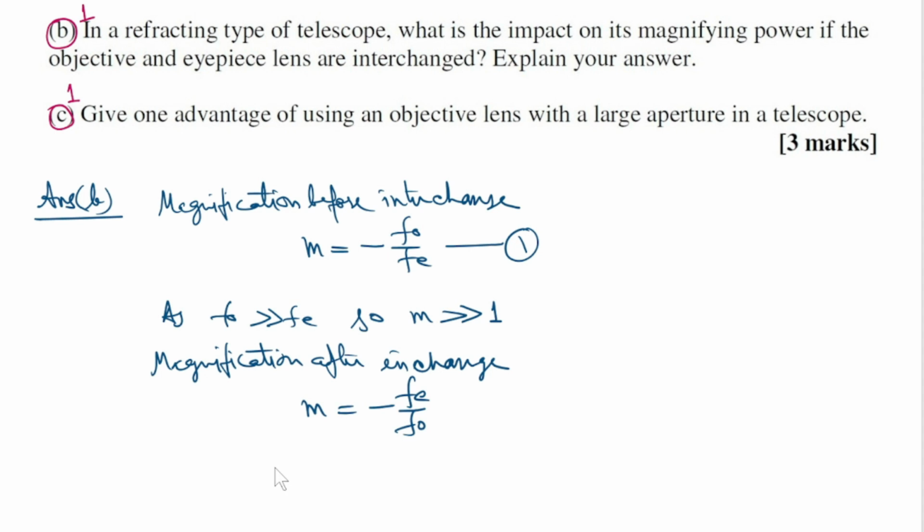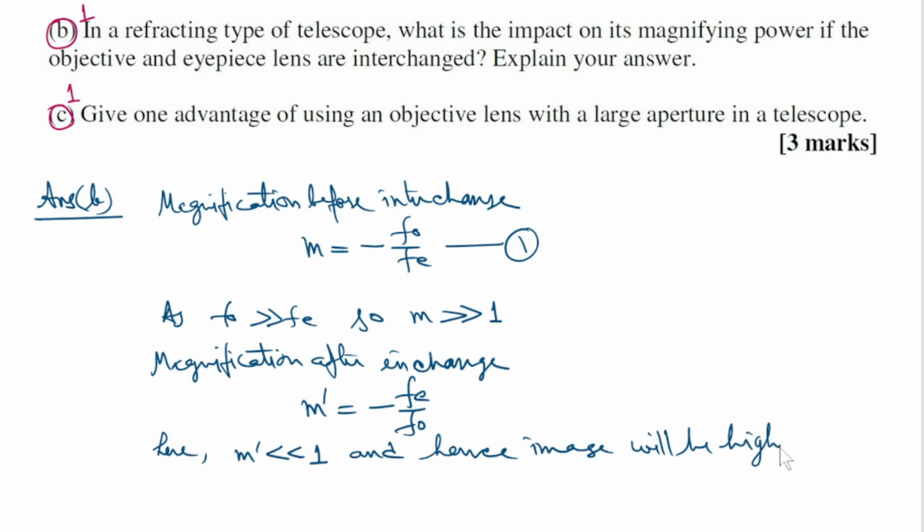Here M dash should be extremely small compared to 1, and hence the image will be highly diminished and will have low intensity.